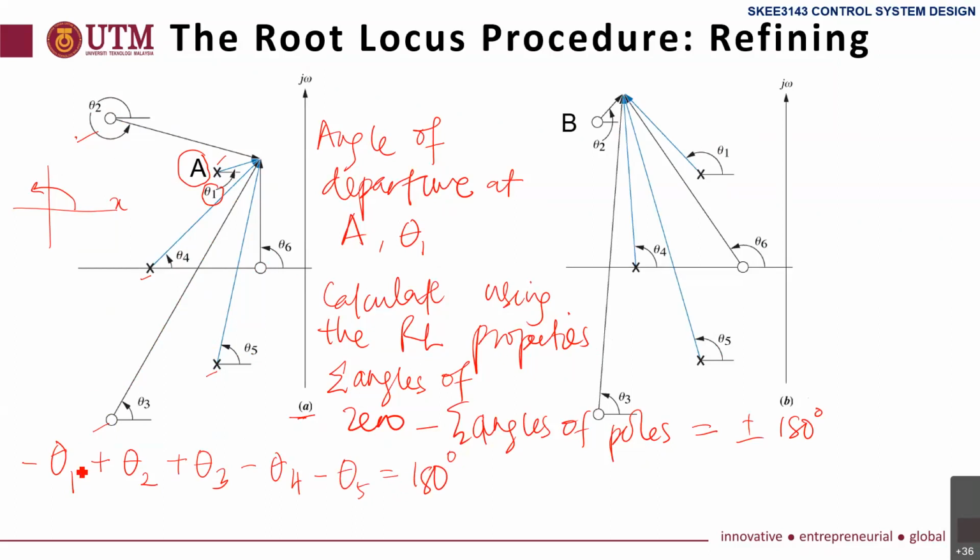That means if I want theta 1, the departure angle, I bring theta 1 to the right. That means theta 1 equals theta 2 plus theta 3 minus theta 4 minus theta 5 minus 180 degrees. This is the formula to calculate the angle of departure for this particular example.